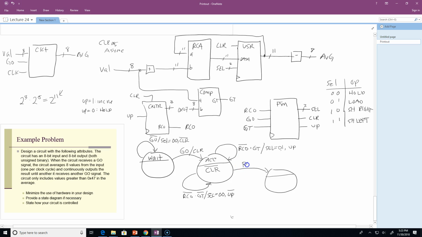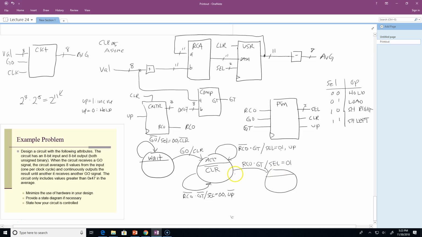That means RCO is turned on and it's greater than, and under that condition I'm going to steal this information up here, equals 0, 1. I don't really care, I'm done after this point. I don't care if I count up or not, so I'm going to leave up out of this transition.